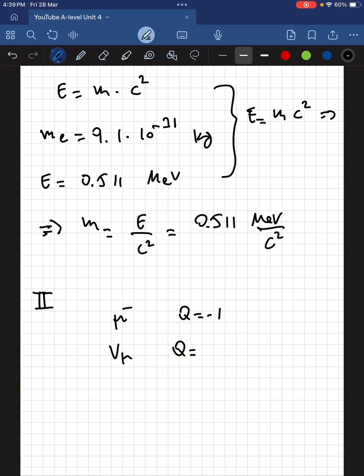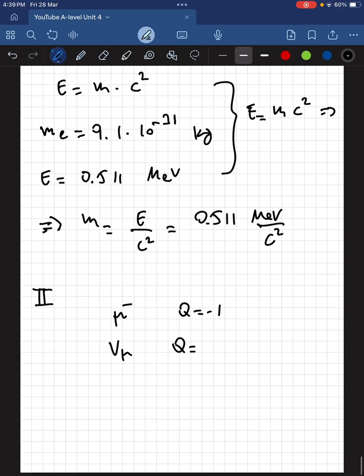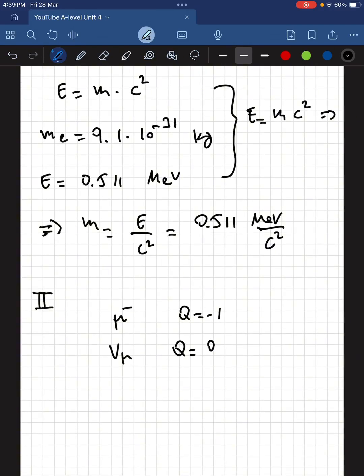The charge of the muon neutrino is also 0. The mass of the muon is 106 MeV over c squared, so it's heavier than the electron, much heavier actually, 200 times heavier. The mass of the muon neutrino is also thought to be 0, but it's something like less than 0.17 MeV over c squared.